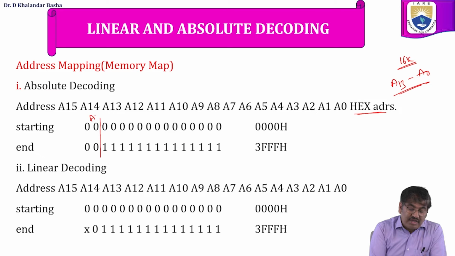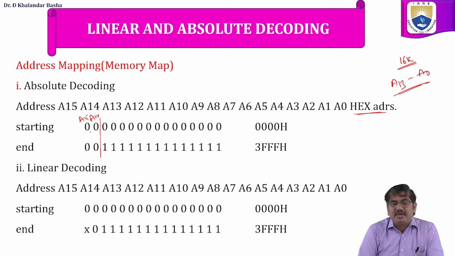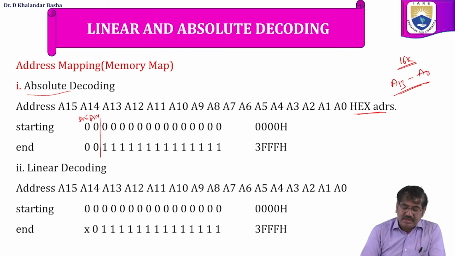The A14 and A15 lines are used for decoding purposes. As it is absolute decoding, we have to use all the address lines. By providing 00, we are taking it as a chip select for the RAM, the memory block which is taken. So the address range for this one is 0000H to 3FFFH.